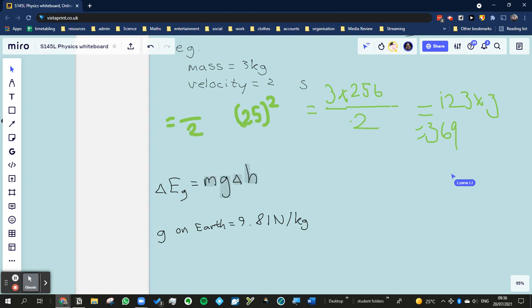So this triangle doesn't mean triangle times h, it just means a change in height.